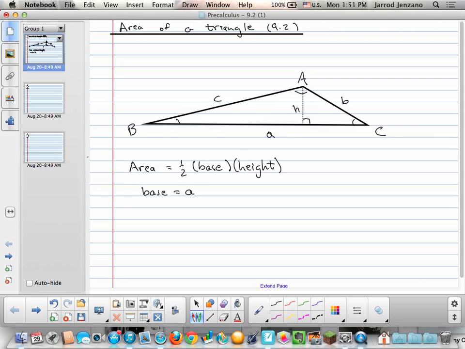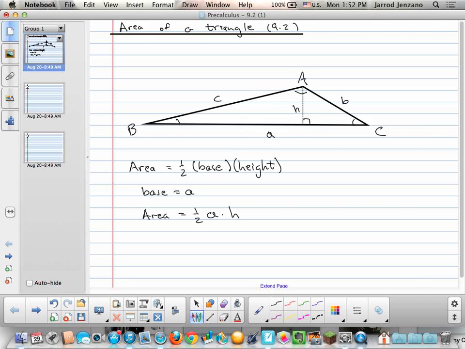So the area is 1/2 A times H, but I have to figure out what H is. I'm going to use trigonometry to do it.